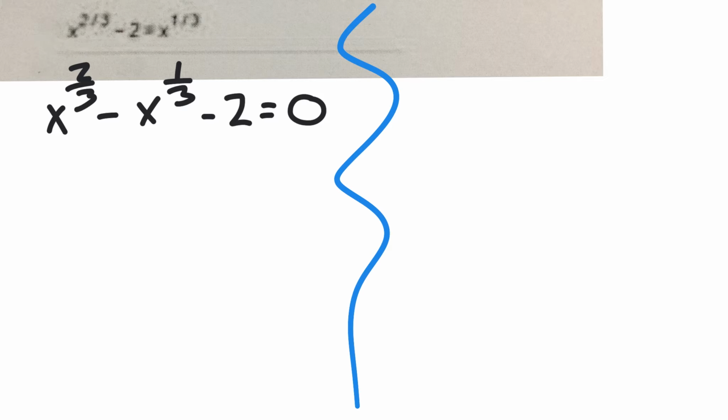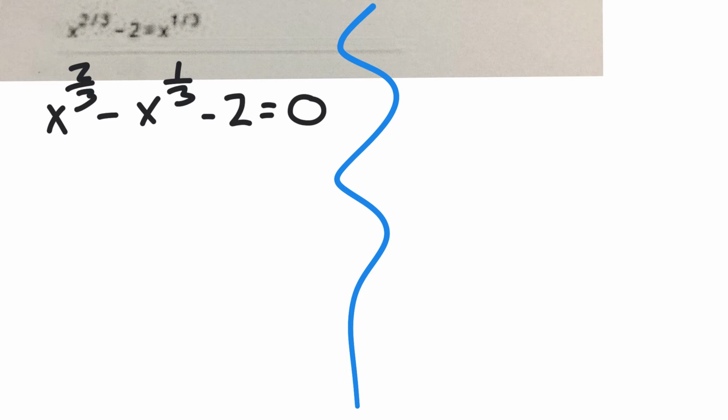Okay, so we normally like for our things to be x to the first and x to the second. Well, we can't quite get that. So what I want to do instead is I want this term to be my first power, right? Because that's where normally x to the first power goes.